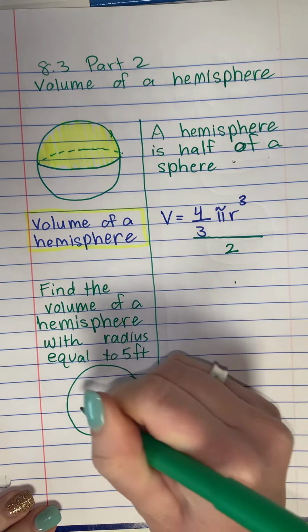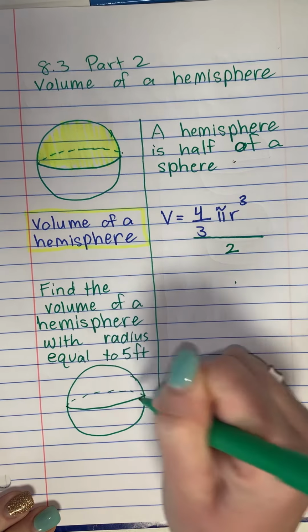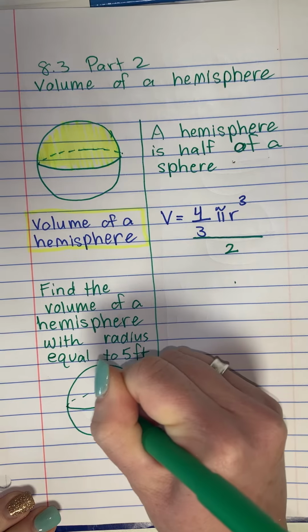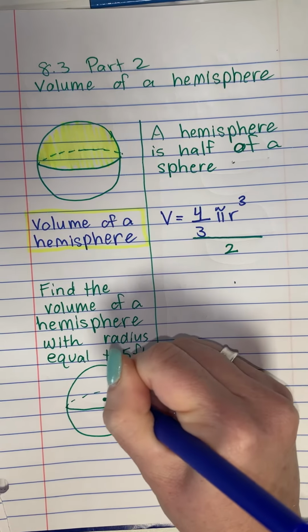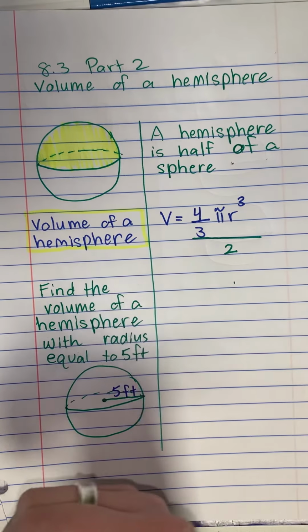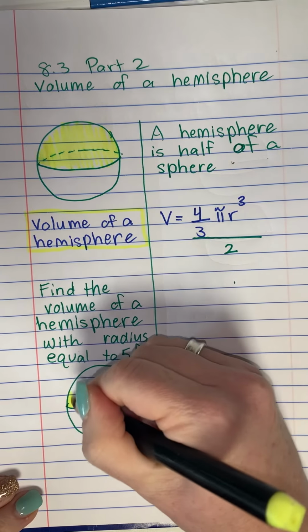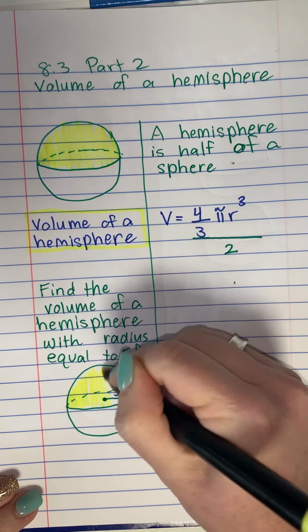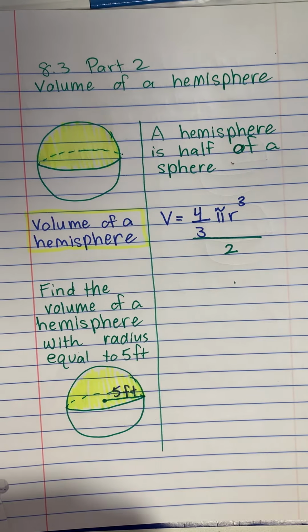So yesterday we saw this. We saw a whole sphere, and the radius from here to here was 5. Well, we're going to do the same work that we did yesterday. Only this time, we only care about half of our answer. So whatever answer you got yesterday, all we're going to do is divide that answer by 2.